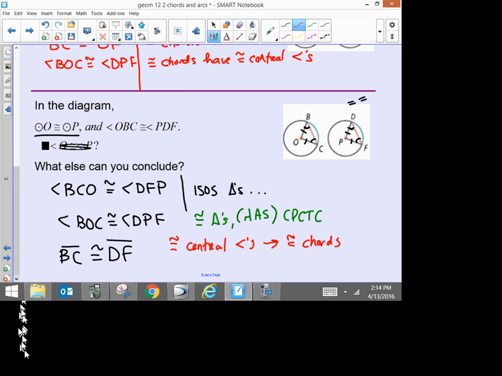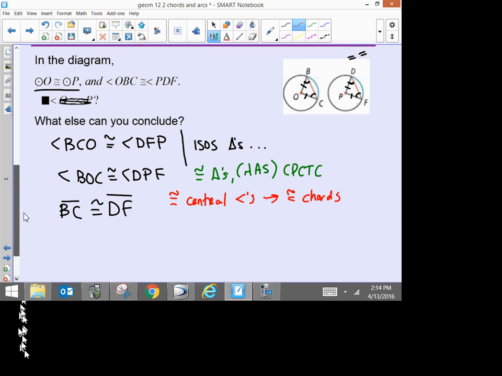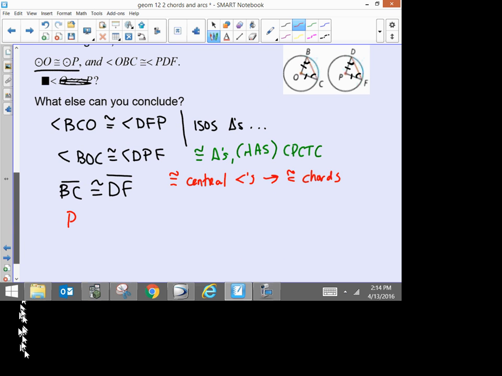Go ahead. Arc BC is congruent to arc DF because their chords are congruent. Congruent chords give us congruent arcs. Good.